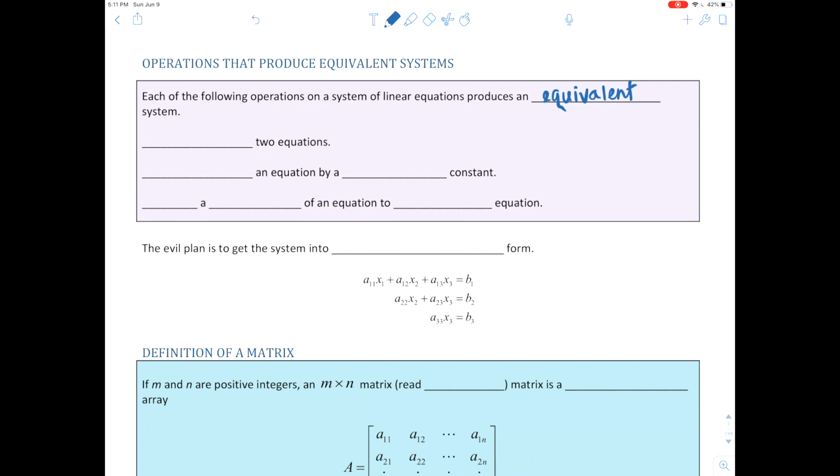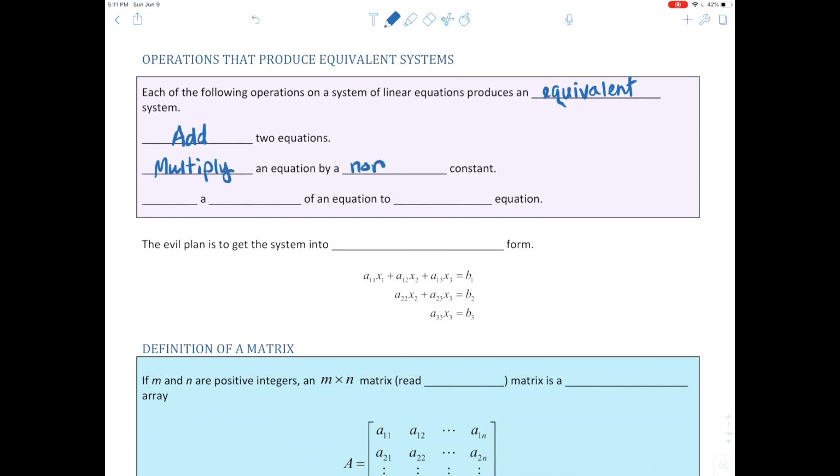So you can add 2 equations. You can multiply an equation by a non-zero constant. And you can add a multiple of an equation to another equation, even if that other equation is a multiple of its original self.